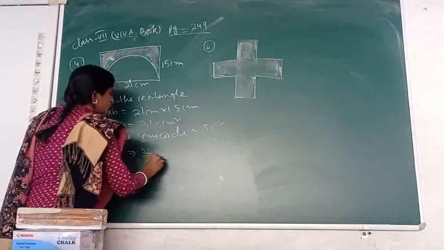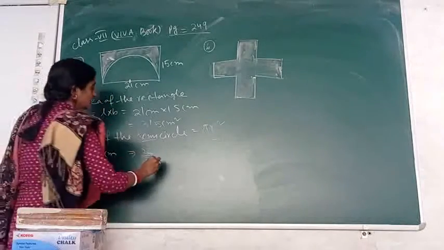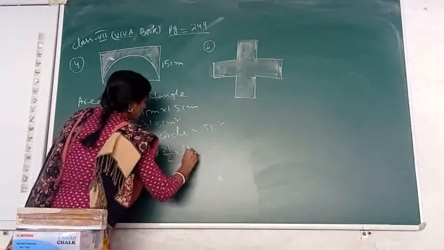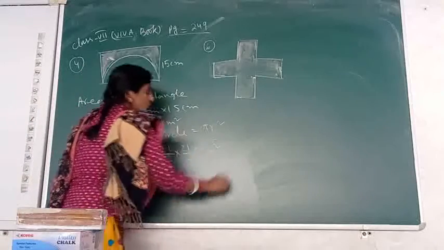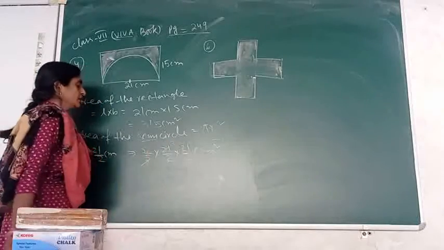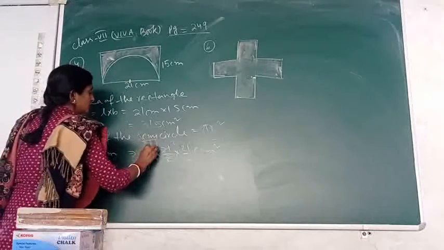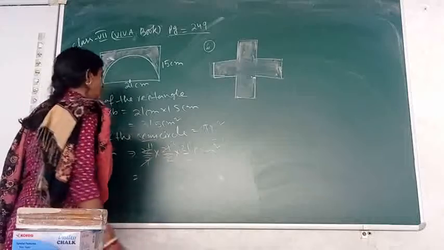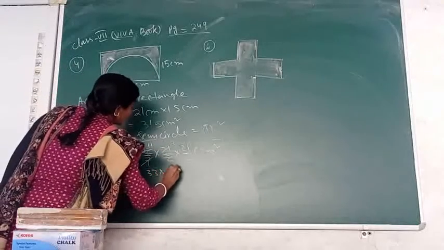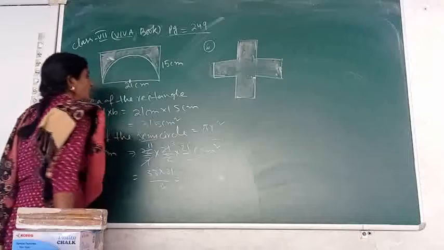Pi means we are considering here 22 by 7. Then in place of r we are going to put 21 by 2 into 21 by 2, that much centimeter square. Now let's cancel what you are getting. Yes, here it is 11. Let's multiply them. Here it will be 33 into 21 by 2.